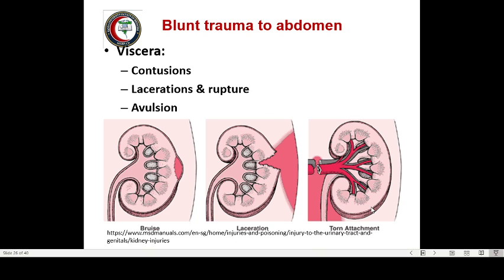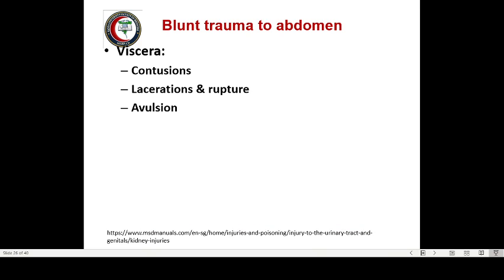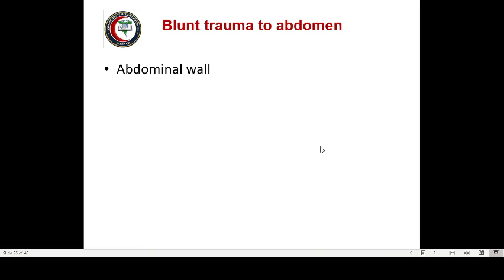Here we have a very specific condition. The abdominal wall may suffer from trauma, but no injuries may be evident, especially contusions. We may have a trauma to the abdomen, but there is no contusion on the wall of the abdomen.